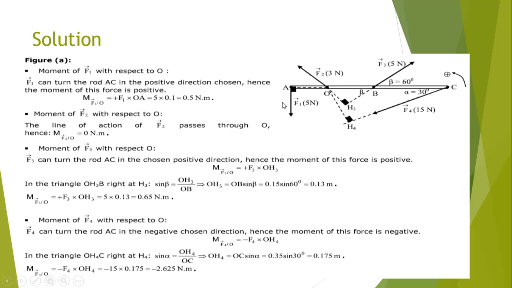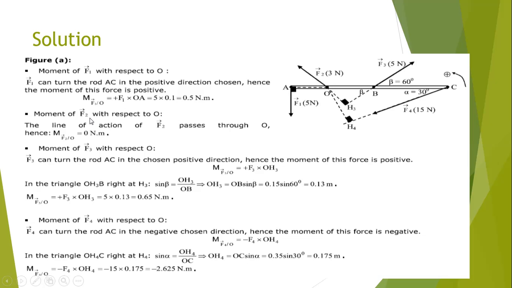And if we consider F1 only acting on the rod, we show that the rod rotates in this direction, so in the same direction as the positive direction chosen. So the moment of F1 is positive, and we replace F1 by its value and OA by its value, and we obtain the moment of F1.